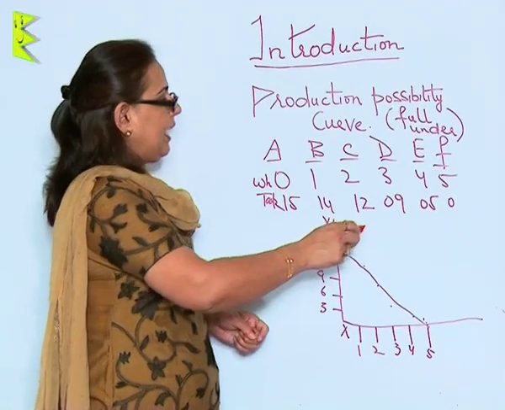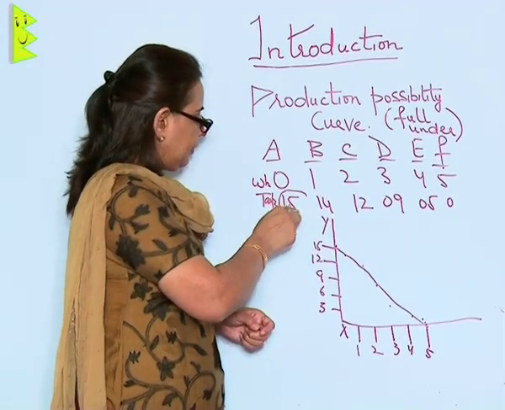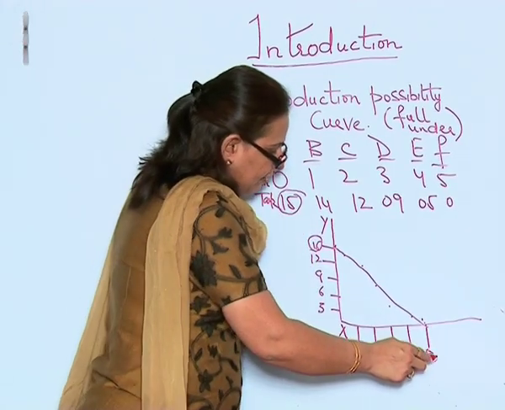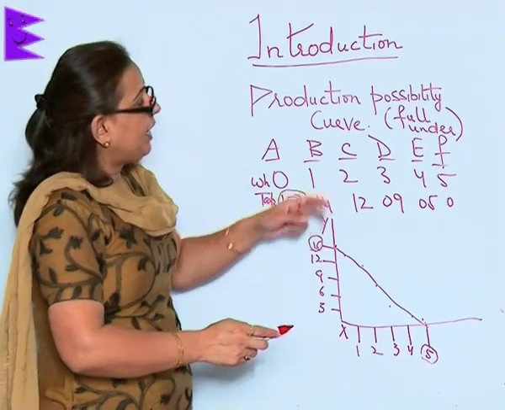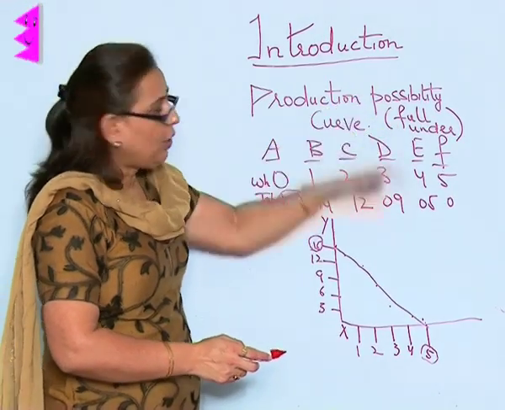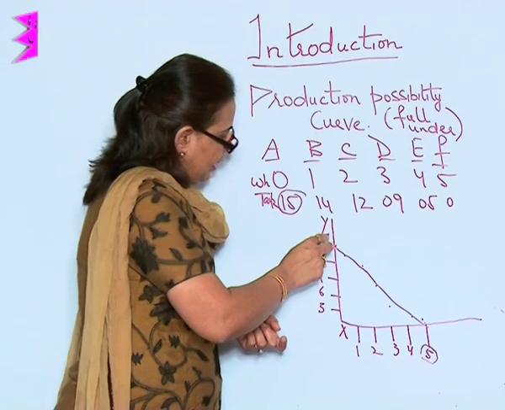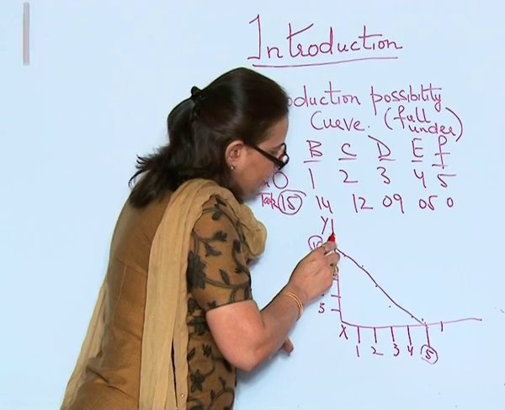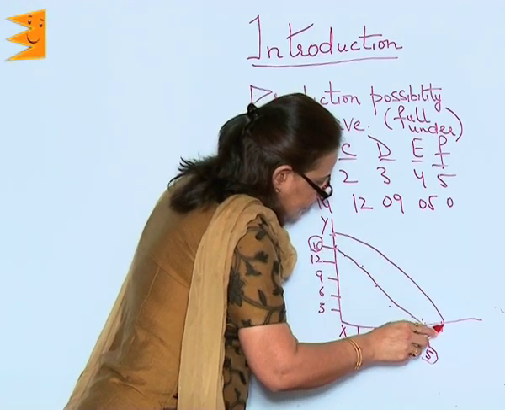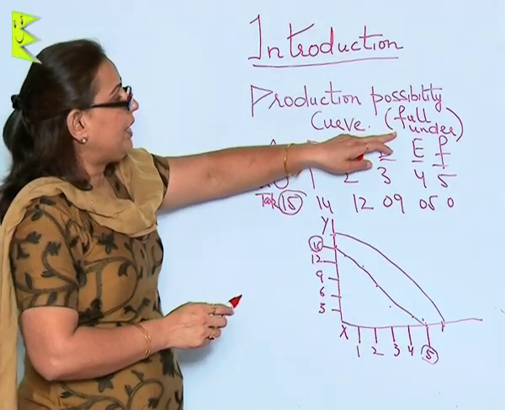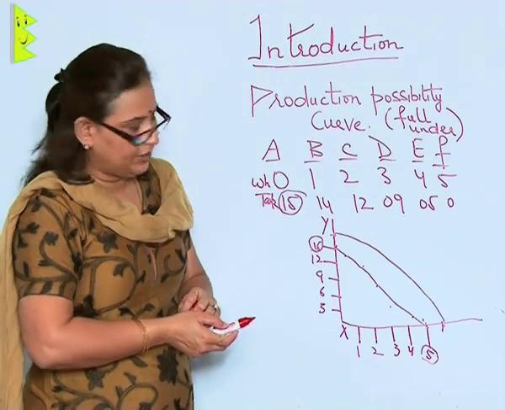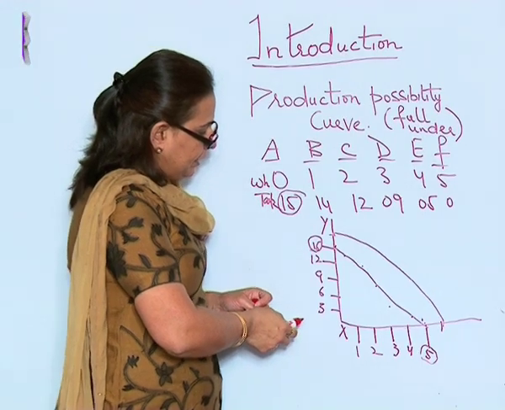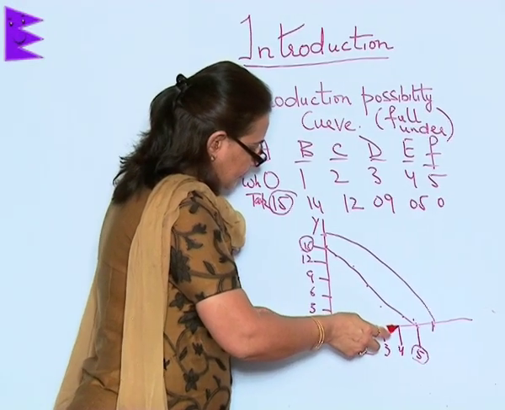Here the maximum that I had was 15, which means here, and here the maximum that I had was 5, which means if I had full utilization of resources, it would be here and here, which means the curve would be like this. And if it was underutilization of resources, it would be this.